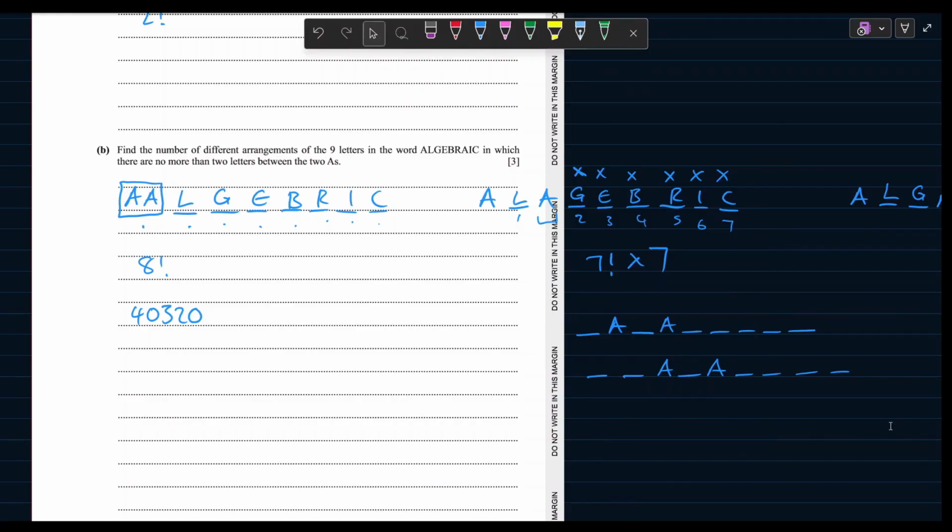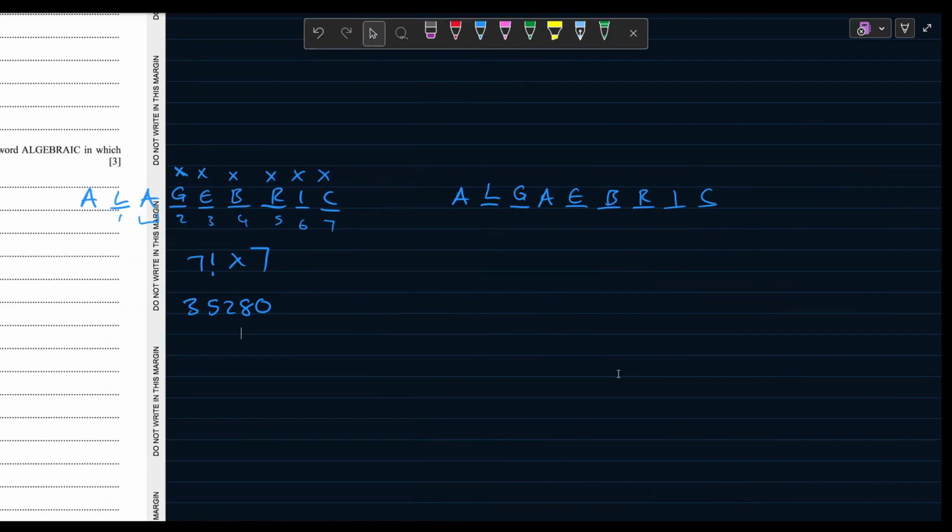Okay, so we need to evaluate 7 factorial times 7, that is 35,280.